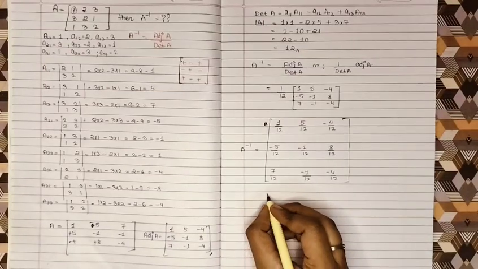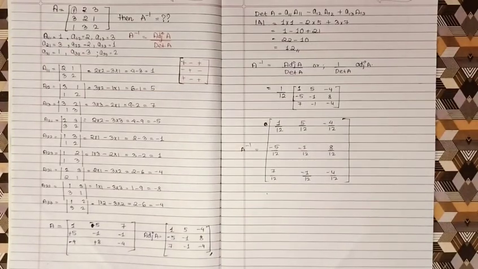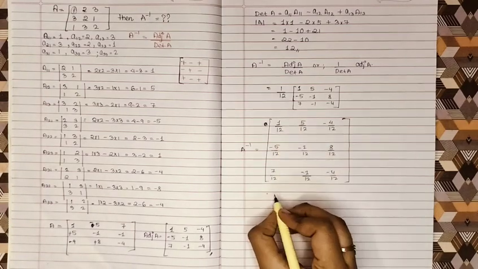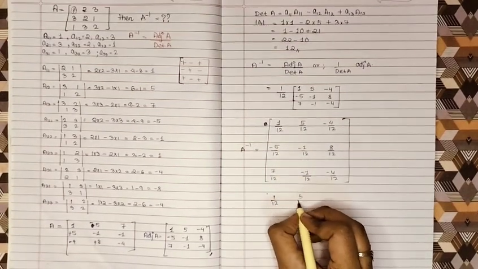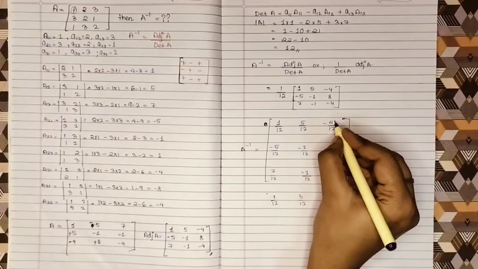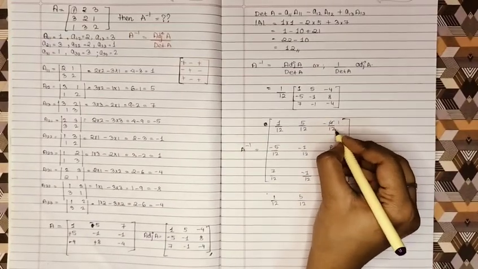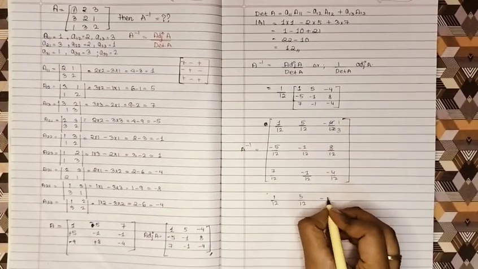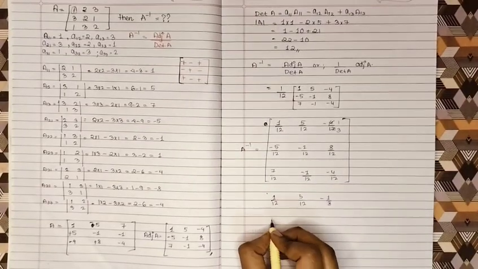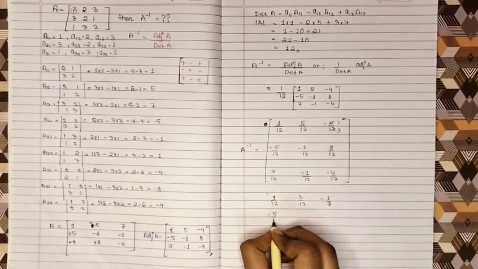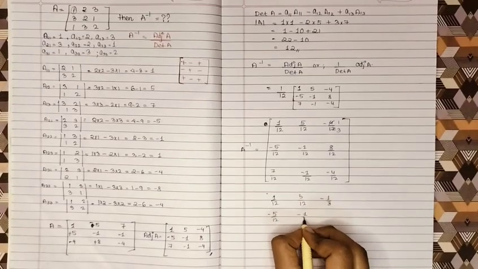Here, those numbers which can be cancelled, you can cancel, but 1 by 12 you need to write as it is, and 5 by 12 won't cancel. Here 4 1s are 4, 4 3s are 12, so you can write minus 1 by 3. Here you will write minus 5 by 12, here minus 1 by 12.